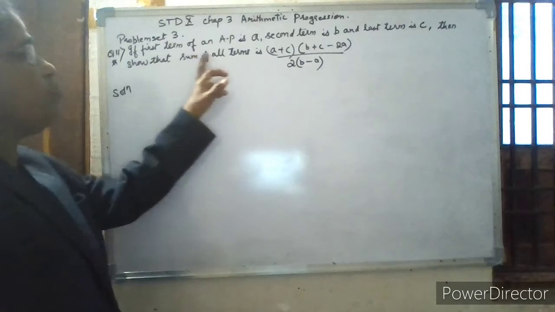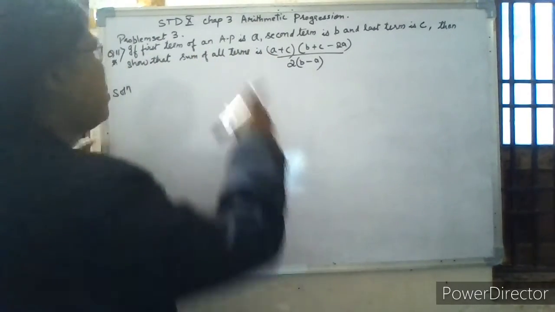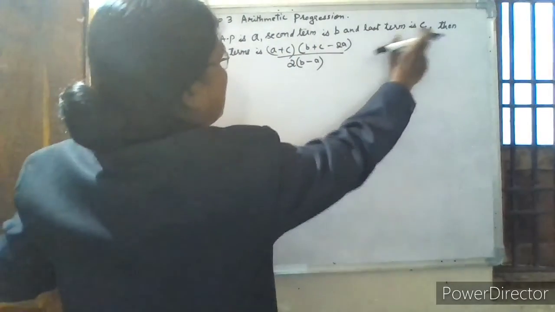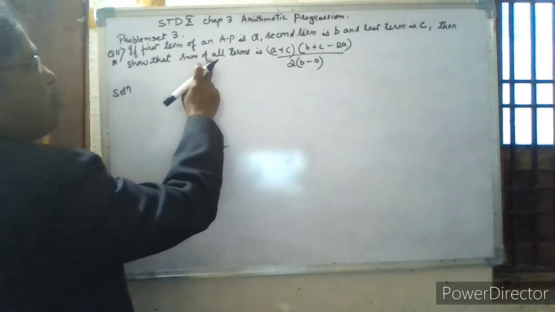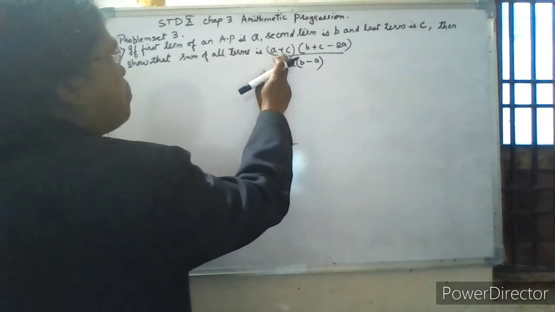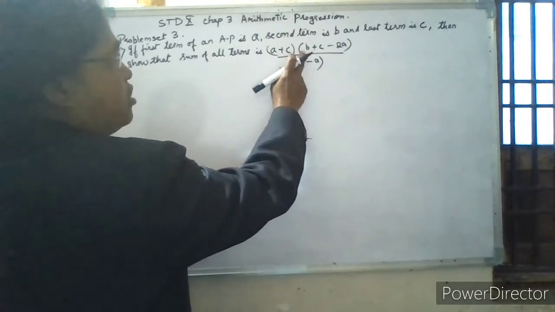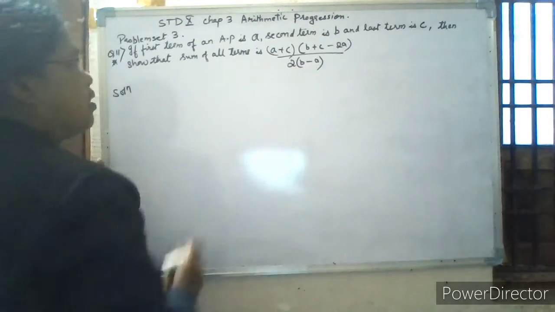If the first term of an AP is A, the second term is B, and the last term is C, then show that the sum of all terms is (A + C)(B + C - 2A) upon 2(B - A).